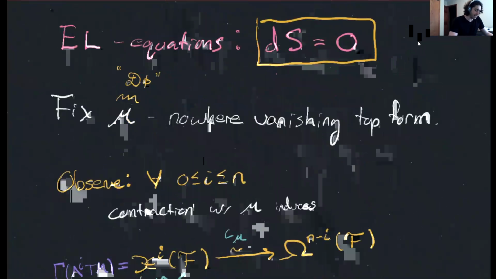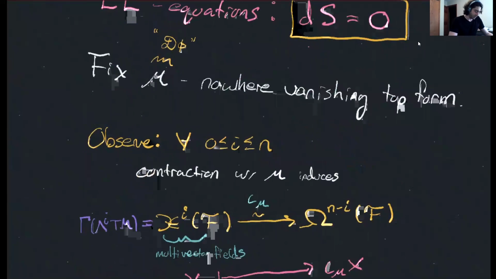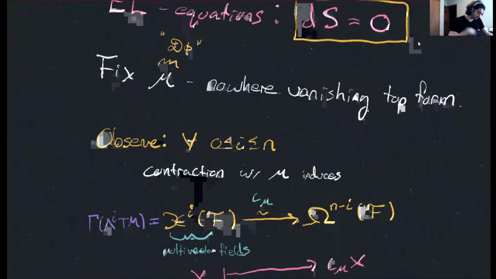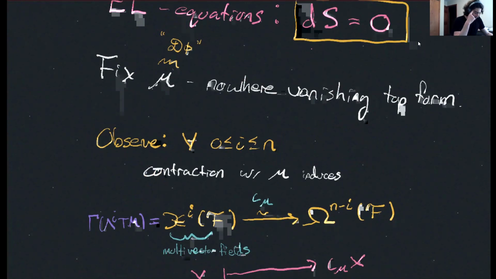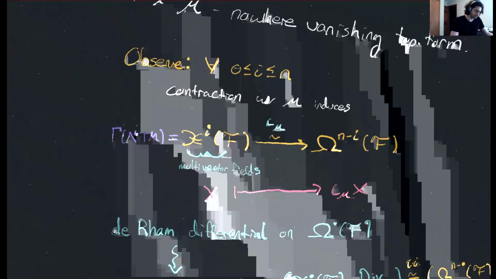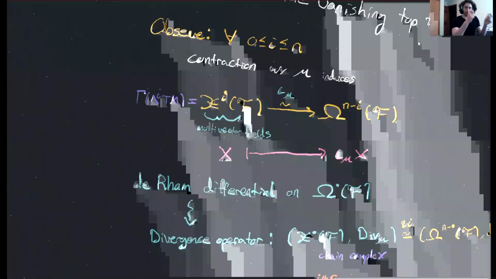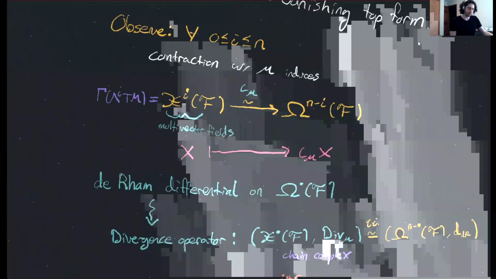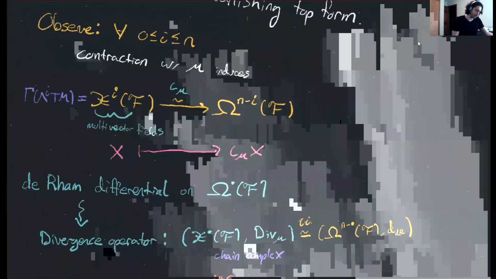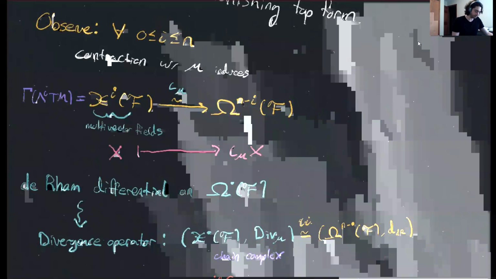If you contract with this volume form, you get an isomorphism between multi-vector fields and n minus i forms. And the derived differential on forms, you can just transport via this isomorphism, and you get a differential which is the divergence operator of this volume form.